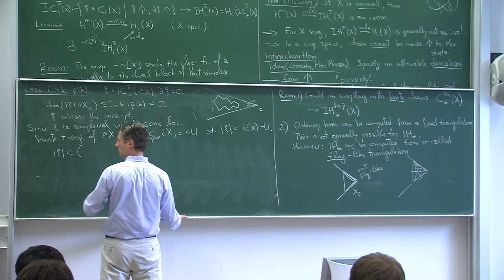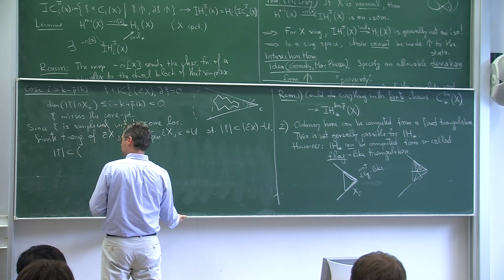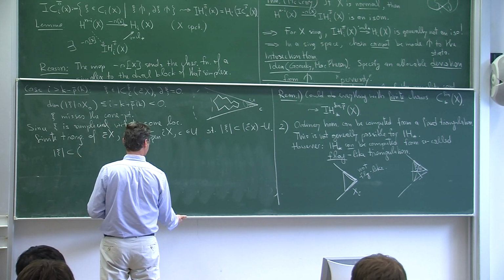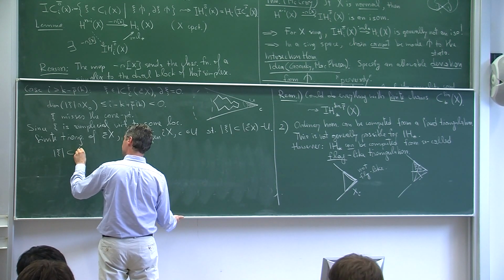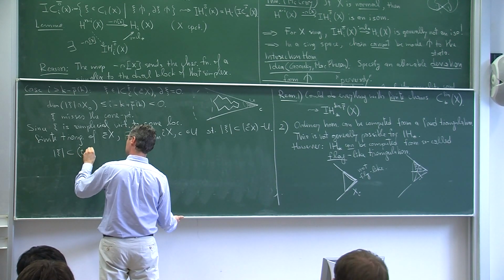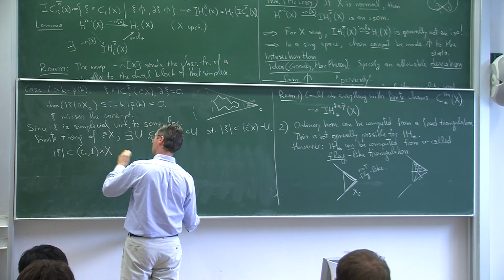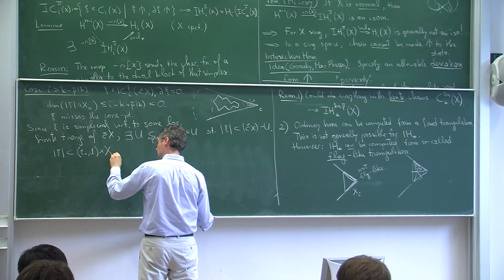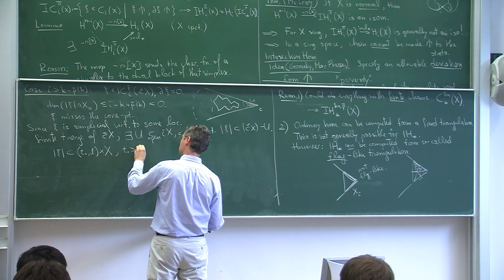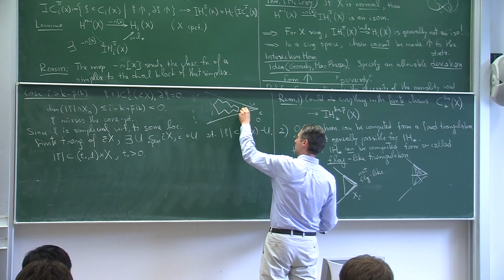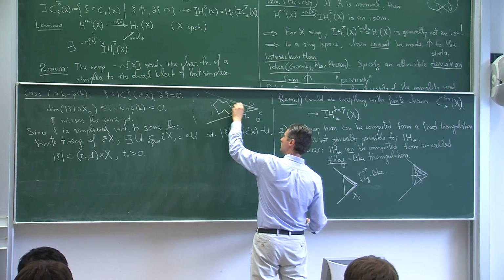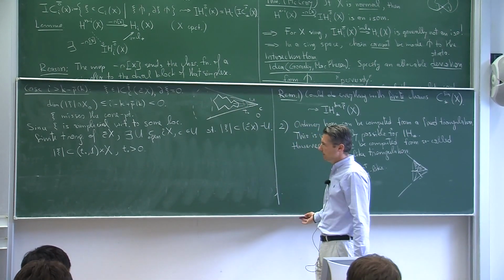Maybe I'll write it like this. So here is 0, and here is sort of t naught, and then it's out here.